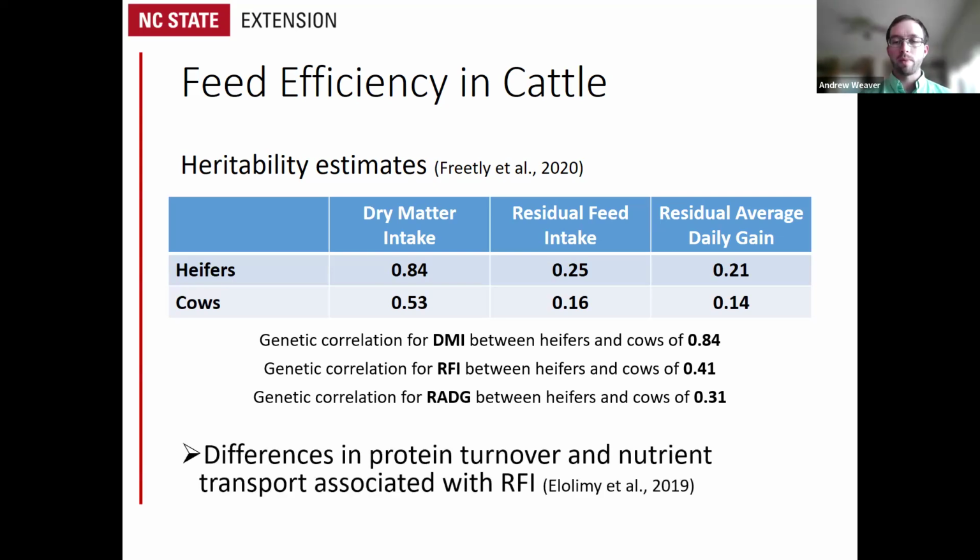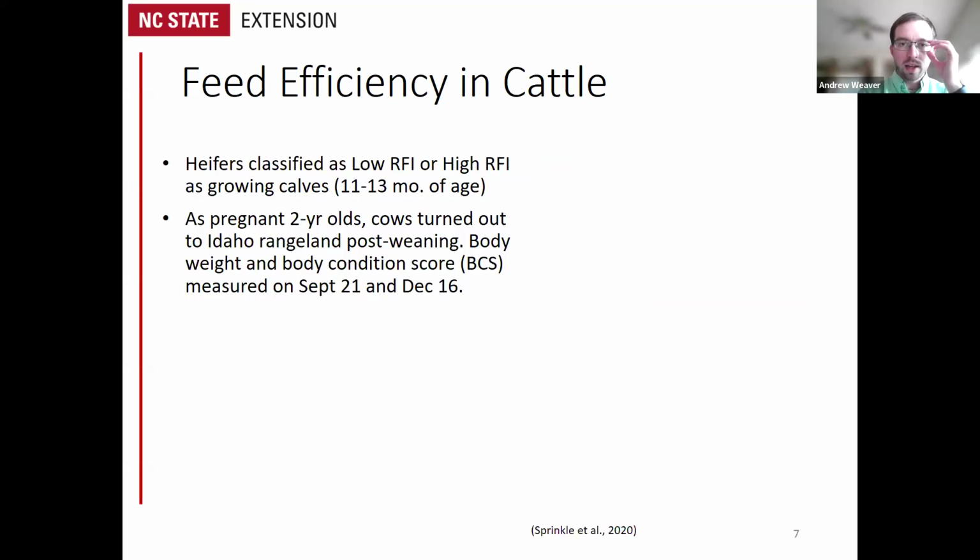We also know that there are biological differences that take place and changes that occur when we select animals for improved feed efficiency. It's not just magic happening. There's actually differences in protein metabolism and transport of those nutrients in those animals that are more feed efficient. Another study came out of the Western Range region of the country.